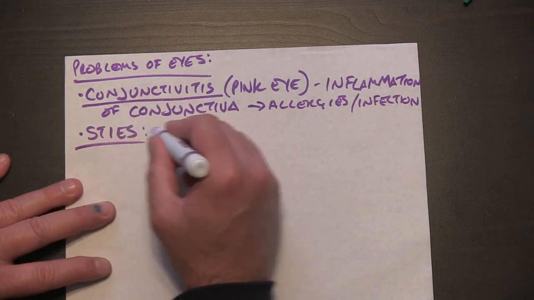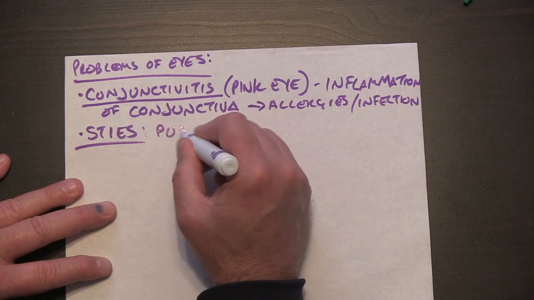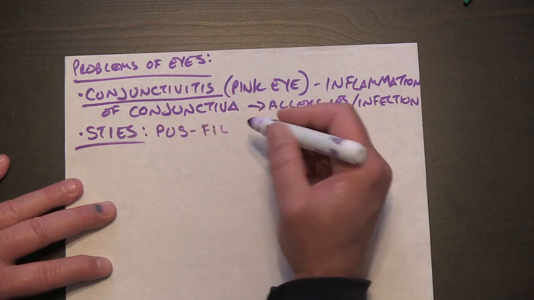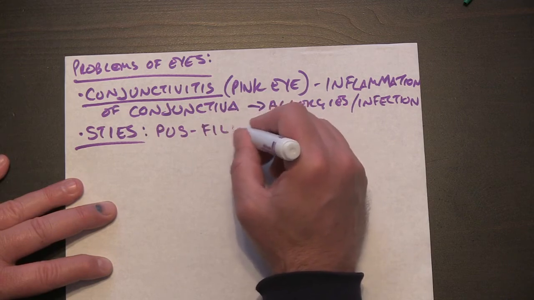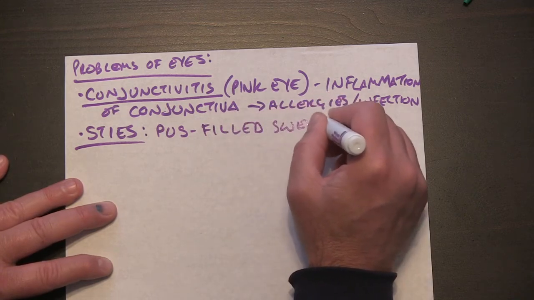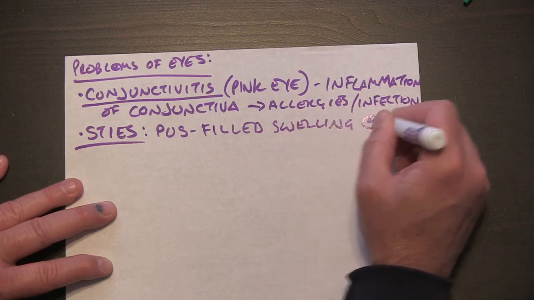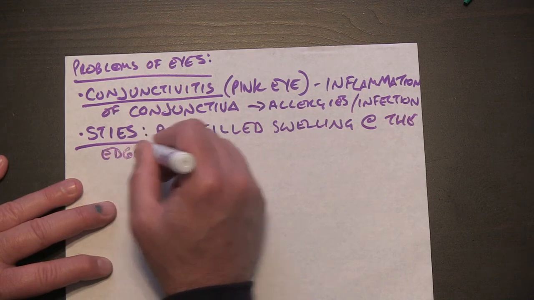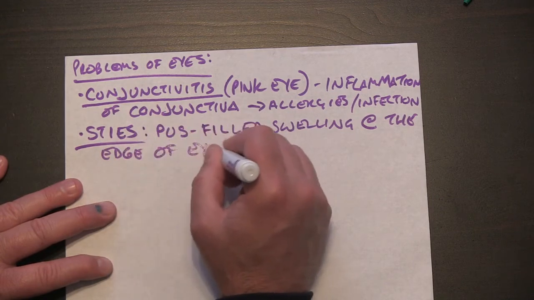Styes are pus-filled swelling of the eyelid, near the rim, at the edge of the eyelid.